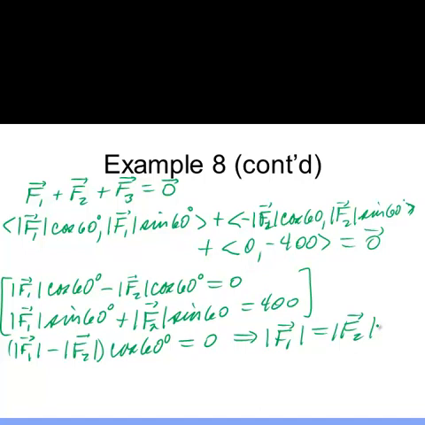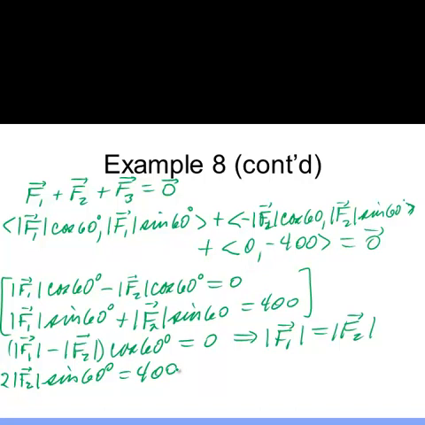Well, then what we could do is we could substitute magnitude f sub 1 for magnitude f sub 2, or vice versa, into the second equation. In which case, if you, for example, substitute f sub 2 in for f sub 1, then you have magnitudes thereof. Then both of these terms would be the same. Then you'd have 2 times magnitude f sub 2 times the sine of 60 degrees is equal to 400.